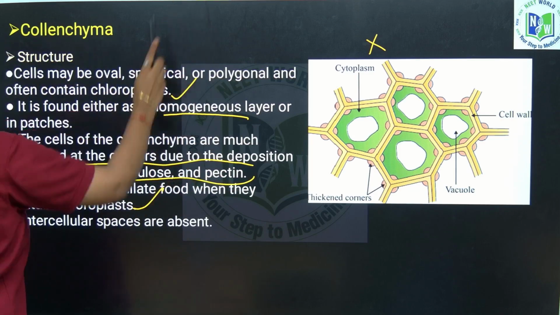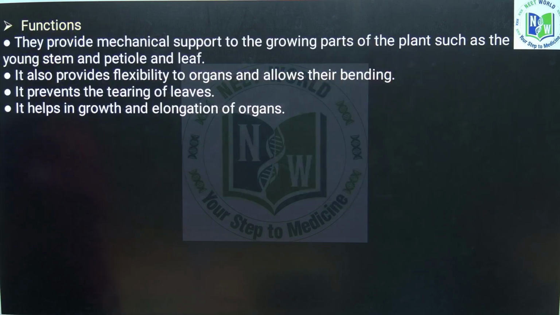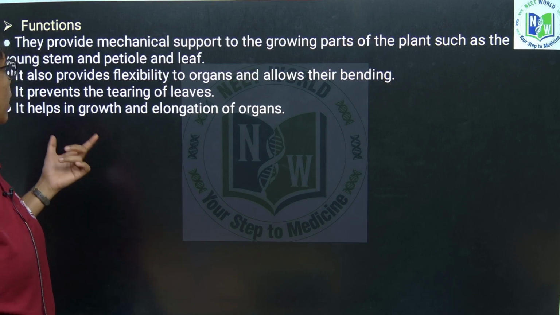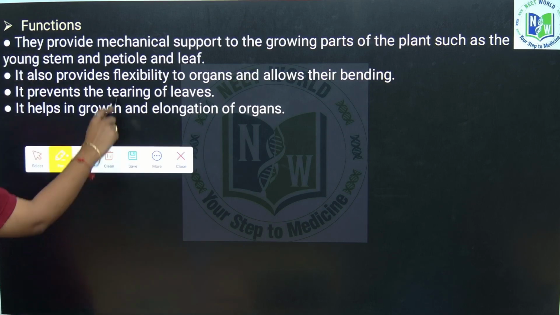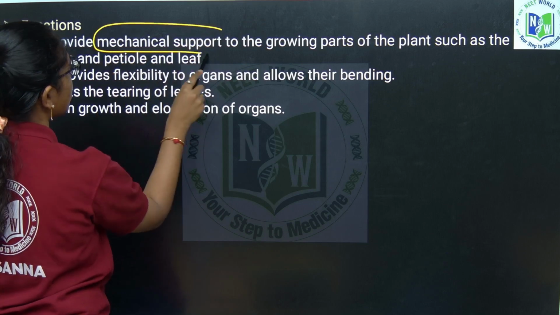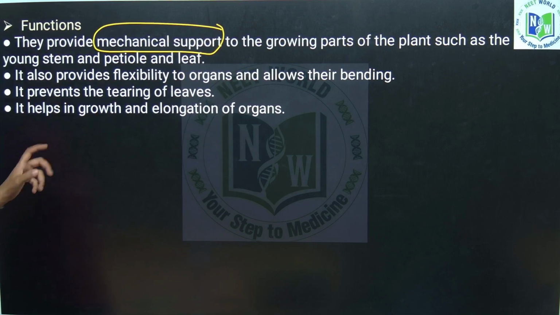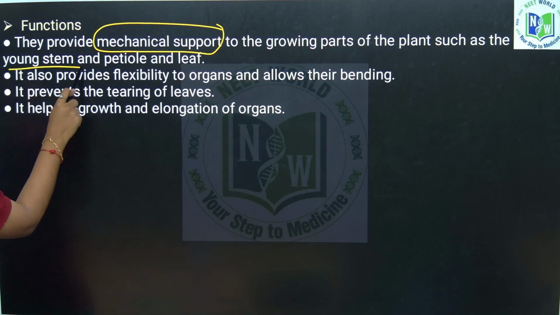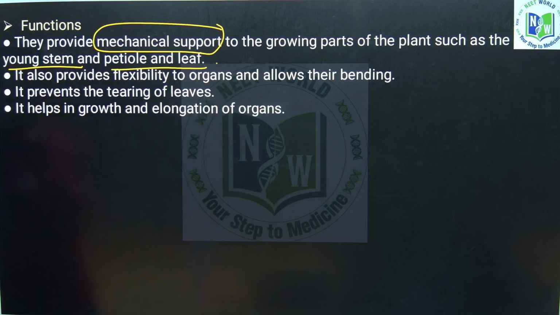Let us look into the functions of collenchyma. It provides mechanical support. As they have a tough cell wall, they can provide mechanical support to the young stem, petiole and leaf.